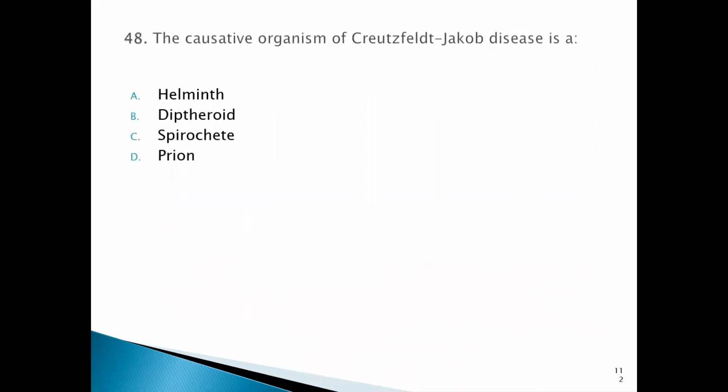48, the causative organism of Creutzfeldt-Jakob disease is A, helminth, B, a diphtheroid, C, a spirochete, and D, a prion.